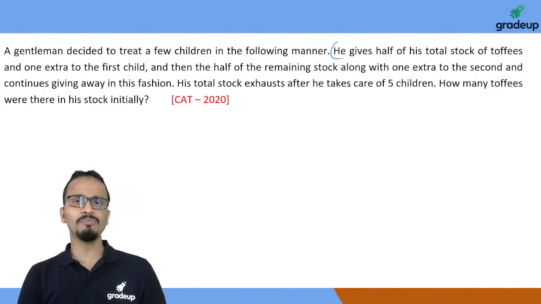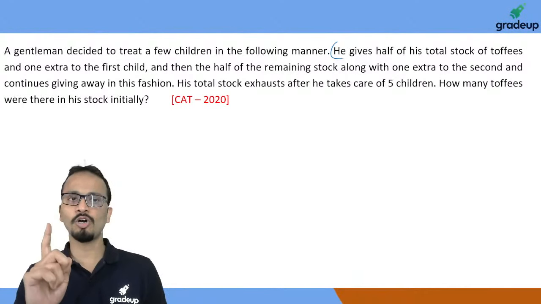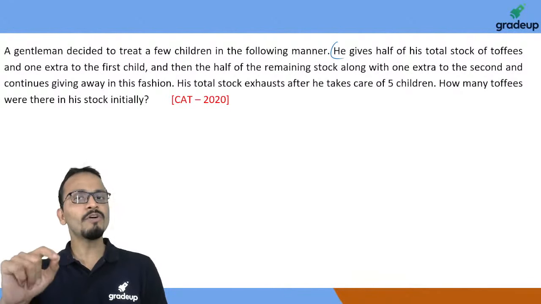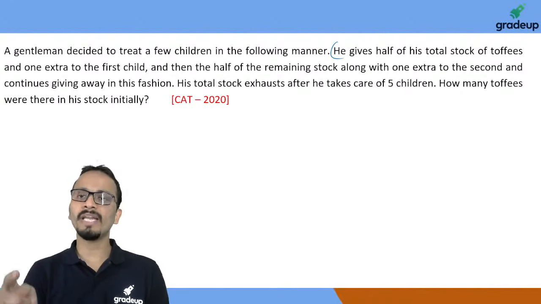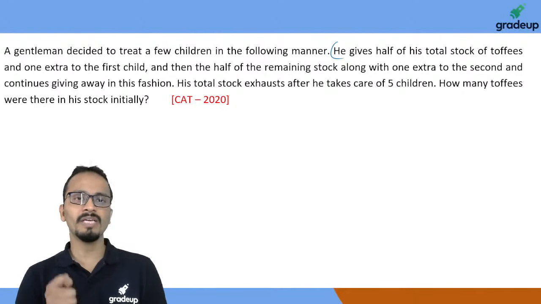So the first child came to him, whatever stock he has initially, he will first of all give half of his stock and then one extra toffee to the first child. Then half of the remaining stock along with one extra to the second child, and he continued giving away in this fashion.